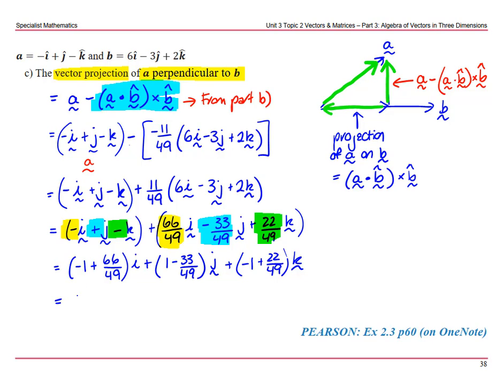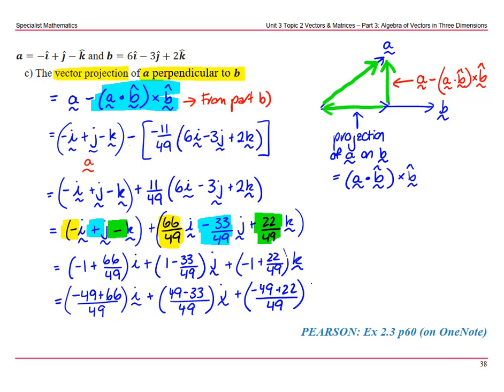So that's, and I am doing every single step here, negative 49 plus 66 over 49 for i plus 49 minus 33 over 49 for j plus negative 49 plus 22 over 49 k. So getting that common denominator.